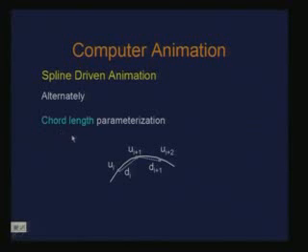So chord length parameterization in some sense approximates arc length parameterization, right? If you think that these chords are small enough, they would capture the distance along the curve. Fine. So computationally it becomes handy. You don't have to do all that integration business.